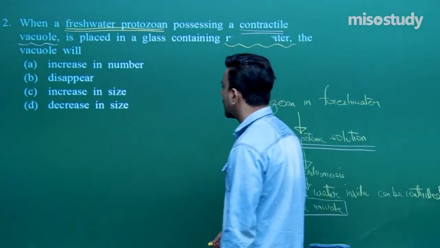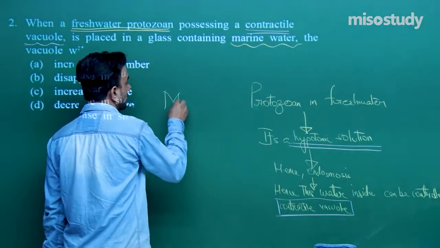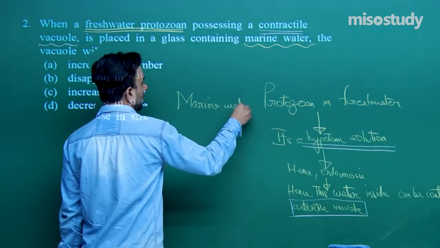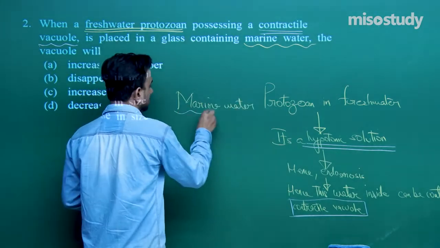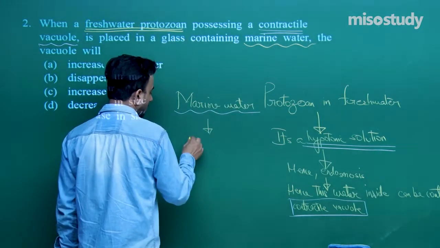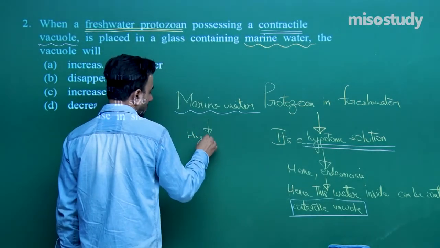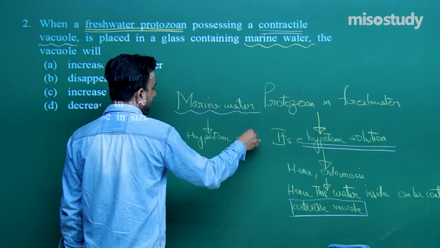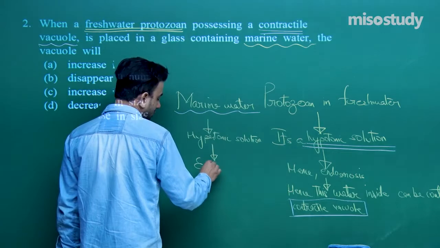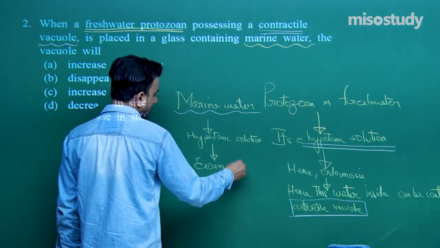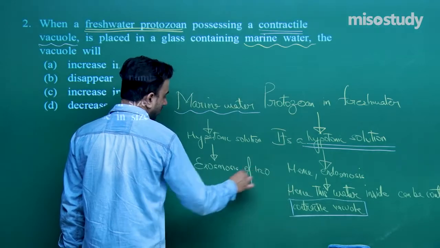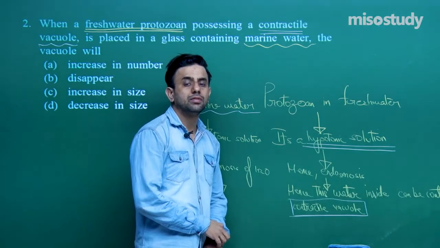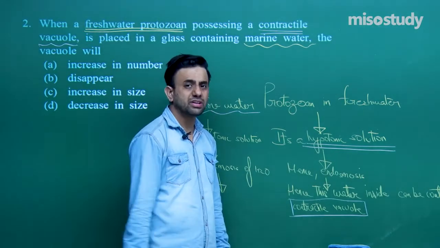Marine water is a hypertonic solution, hence there will be exosmosis of water, and since there will be exosmosis of water, there will be no excess water inside to regulate.